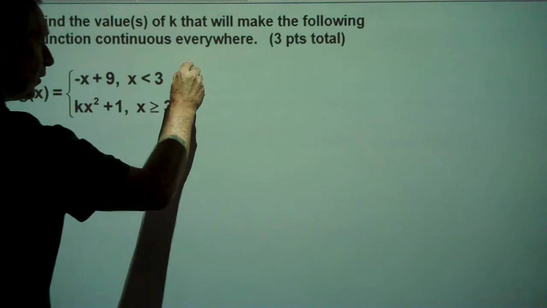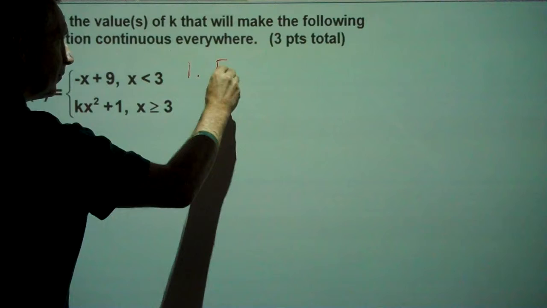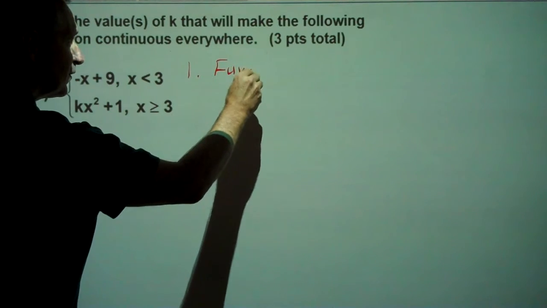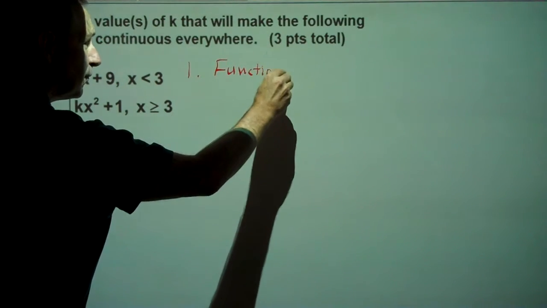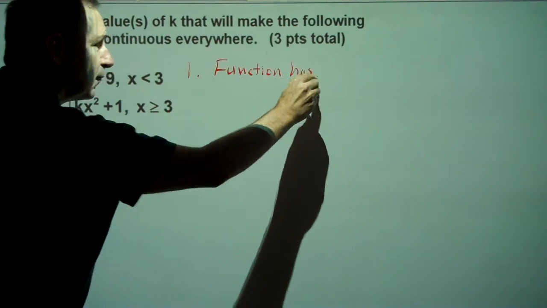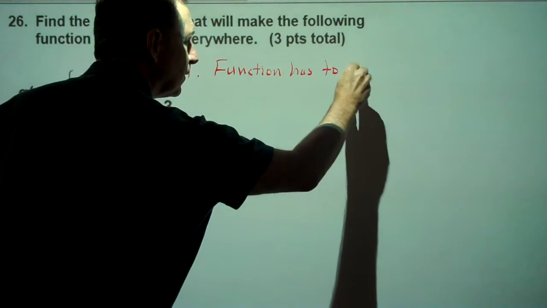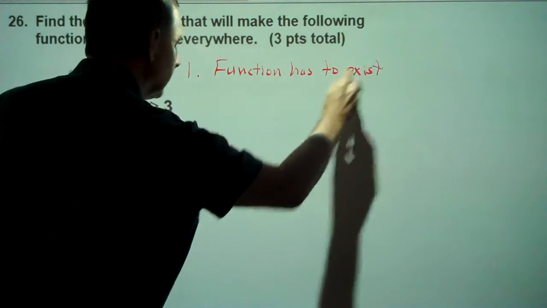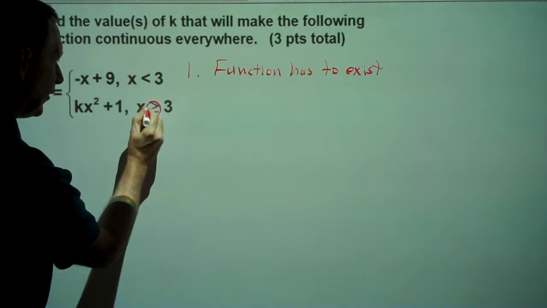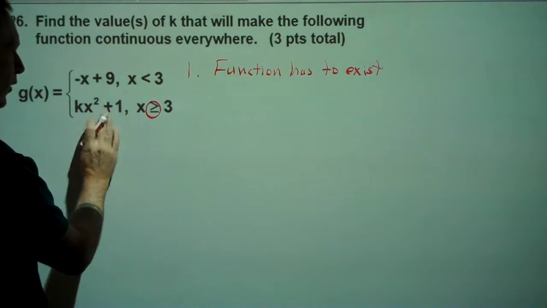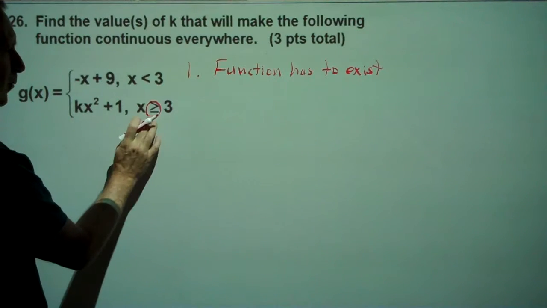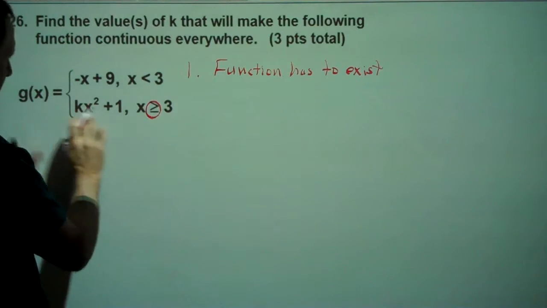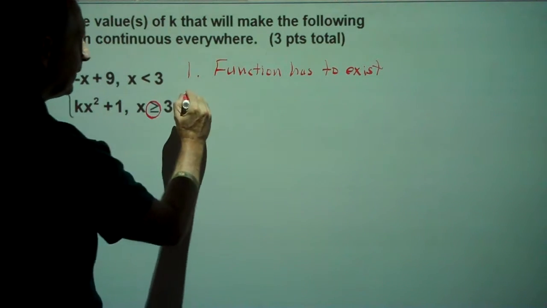First, the function has to exist. And here, because we have x is greater than or equal to 3, our function is going to exist no matter what the value of k is, because g of 3 will be defined.